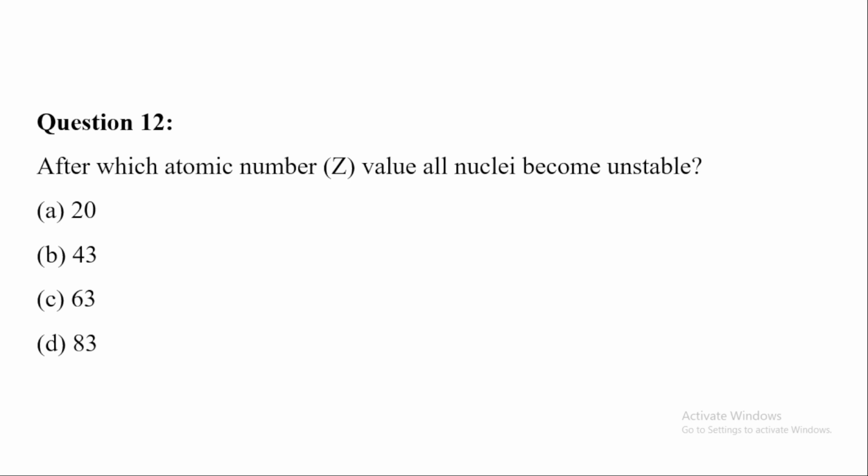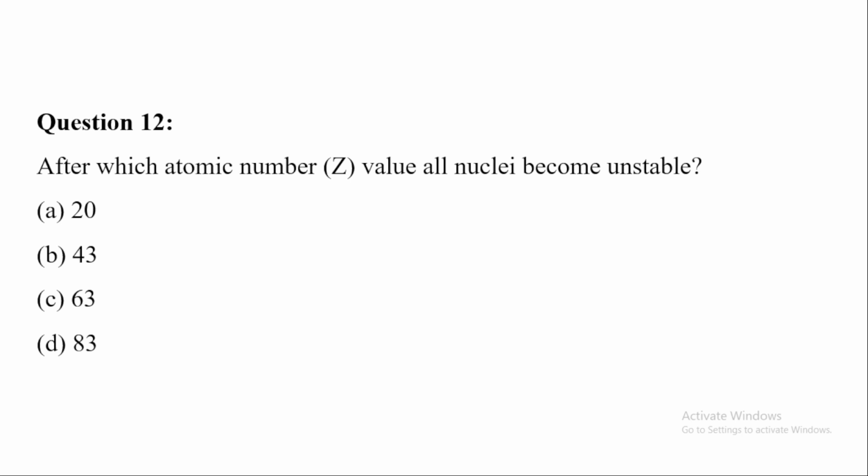But when you go higher up in the periodic table, to elements with a higher atomic number value, you will see the neutron to proton ratio deviates from 1. It will increase, so there are more neutrons than protons, and thus the nucleus becomes unstable.